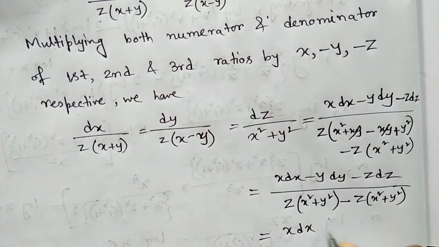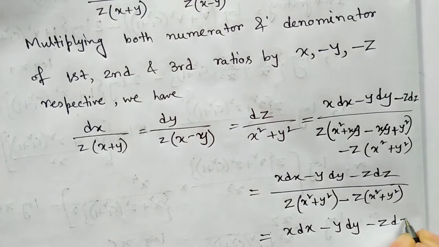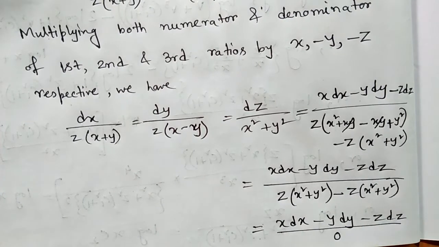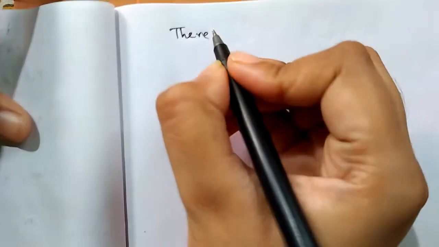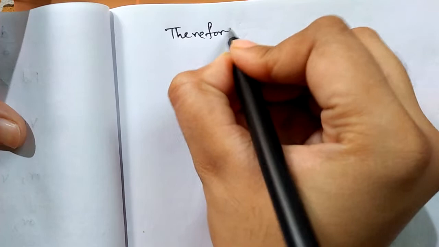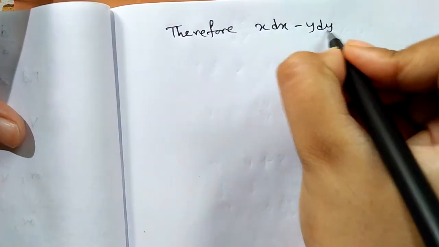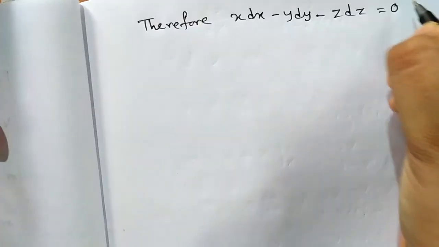We get (x dx - y dy - z dz)/0. Therefore, x dx - y dy - z dz = 0.